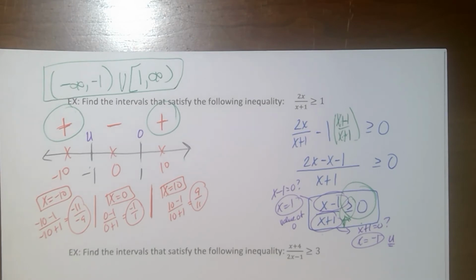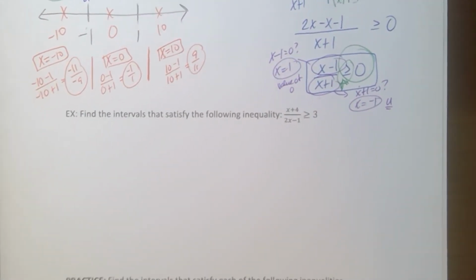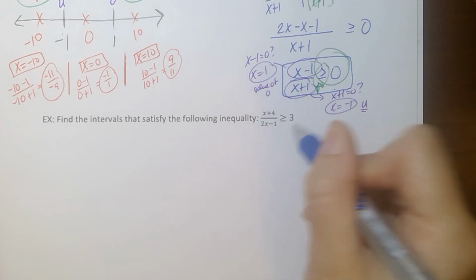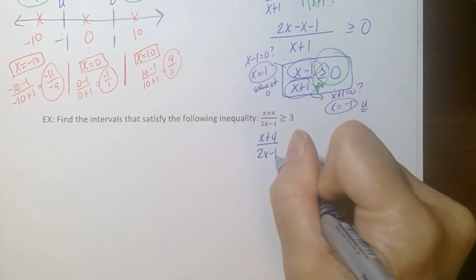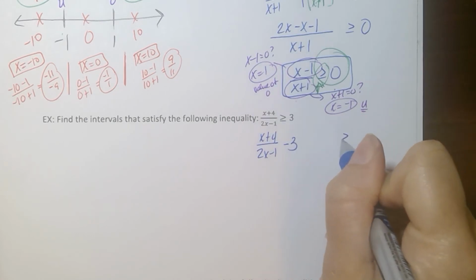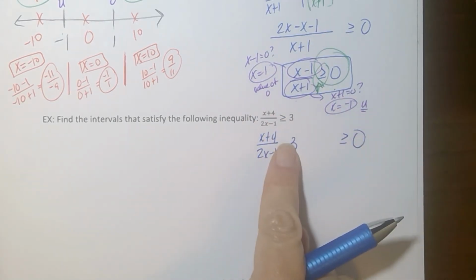Let's look at that next example. Once again, we have to do a little work with our rational expression to get it set to 0, and then we're going to have to get that written as a single rational expression. So I'm going to move that 3 over, subtract it to get it over to the other side. My inequality part does not change. I've just subtracted 3 from both sides.